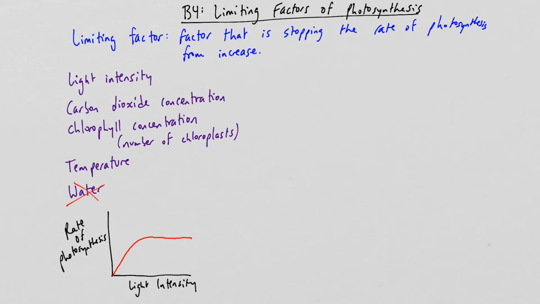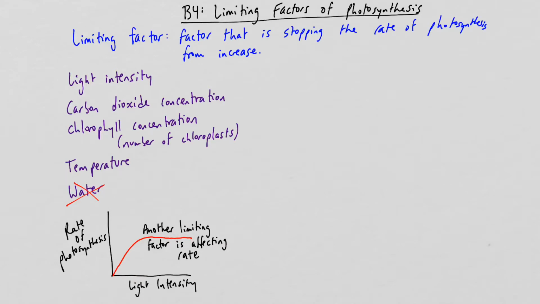And the reason that that happens is another limiting factor is affecting the rate. This could be temperature, it could be carbon dioxide concentration, but it doesn't matter how much more we increase the light intensity, the rate of photosynthesis is not increasing.